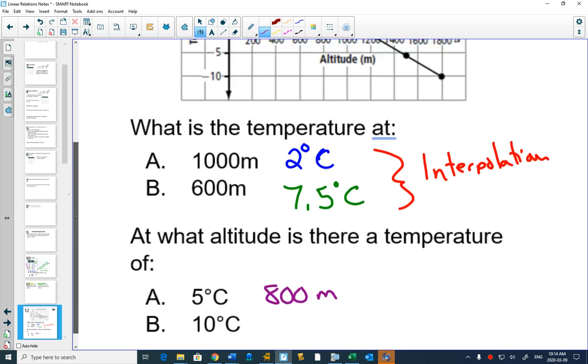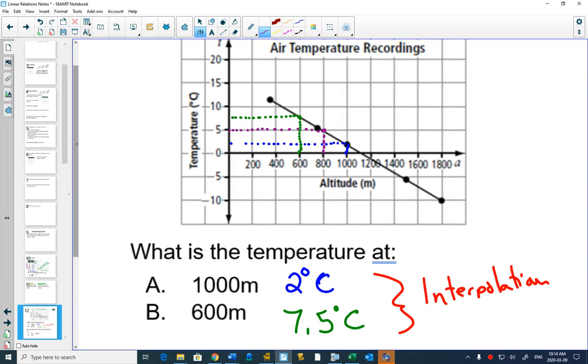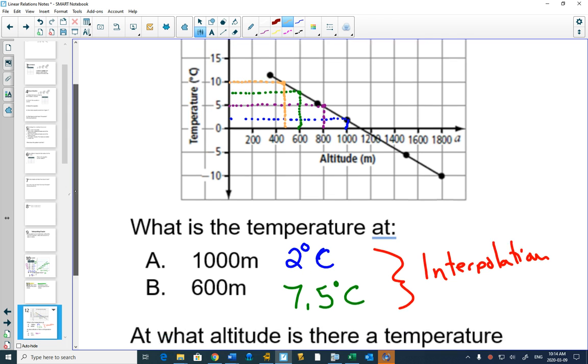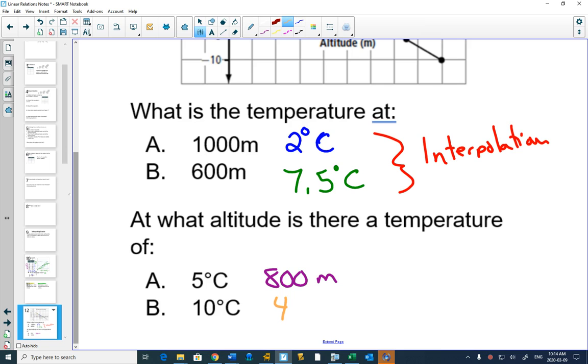And the next one at 10 degrees, another color, 10 degrees looks like 450 meters.